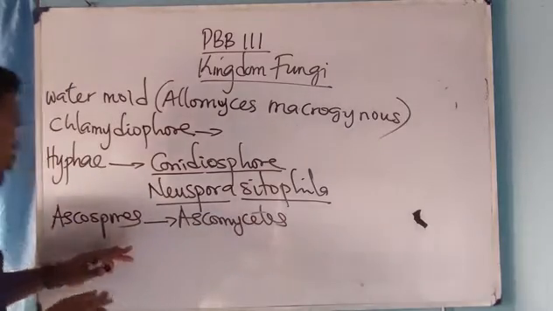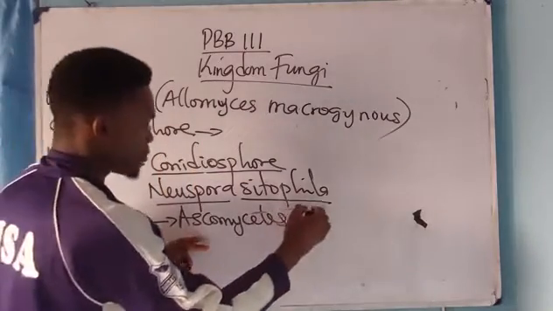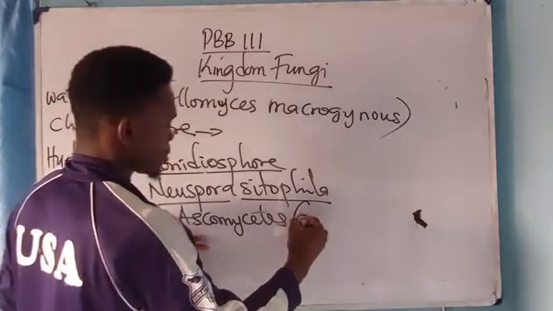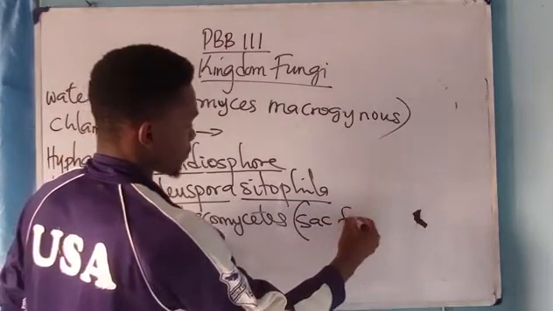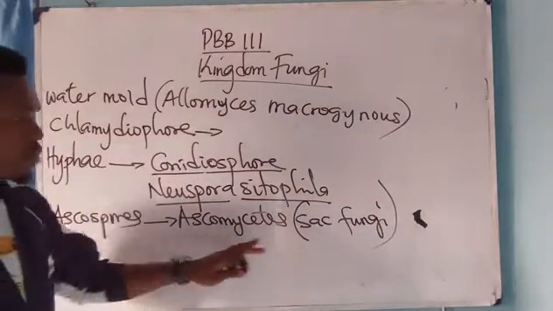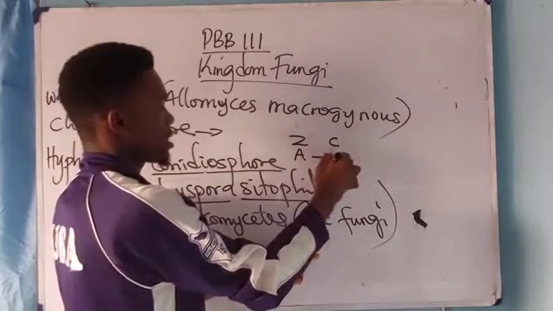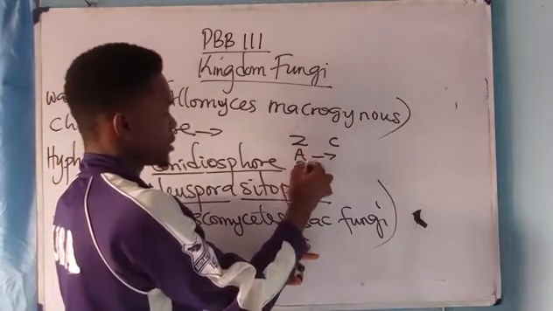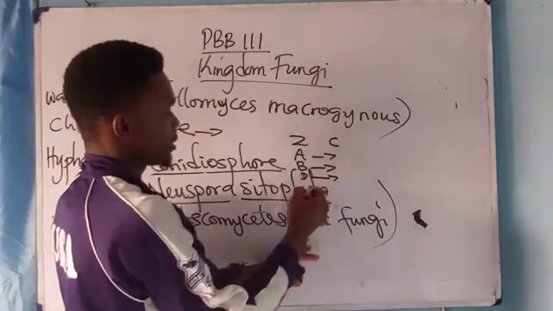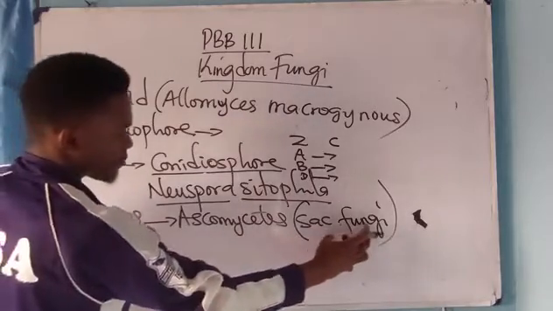The ascomycetes are called sac fungi, as opposed to conjugative fungi, club fungi, and imperfect fungi.